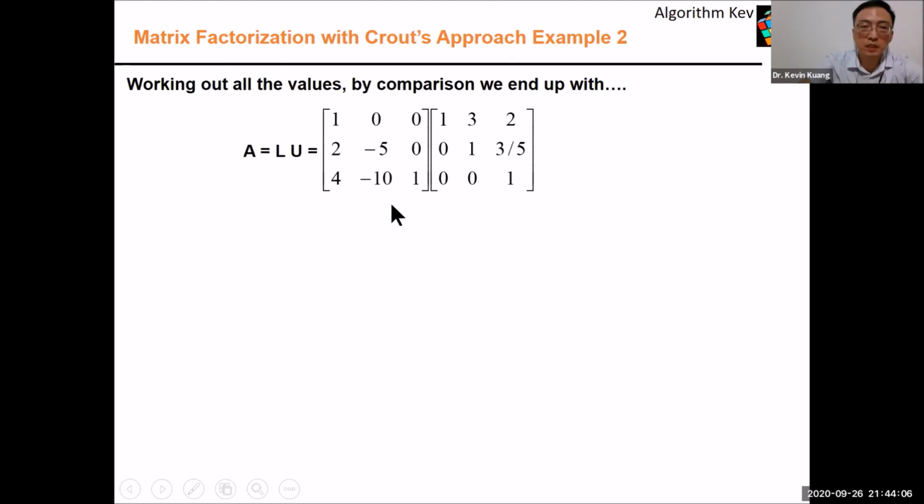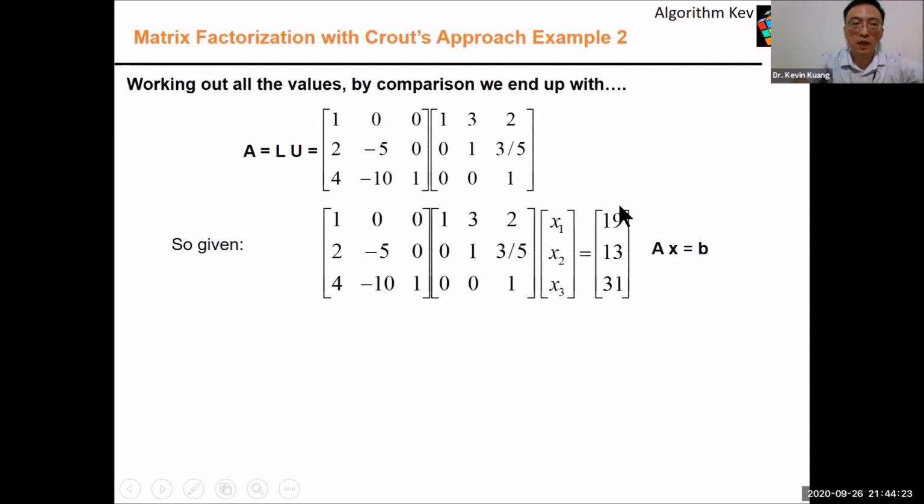Now I've already done the decomposition. You might like to check the values. So this is our L and this is our U. Notice that the diagonal of the U matrix are all 1 as we have assumed. This is the Crout's approach.